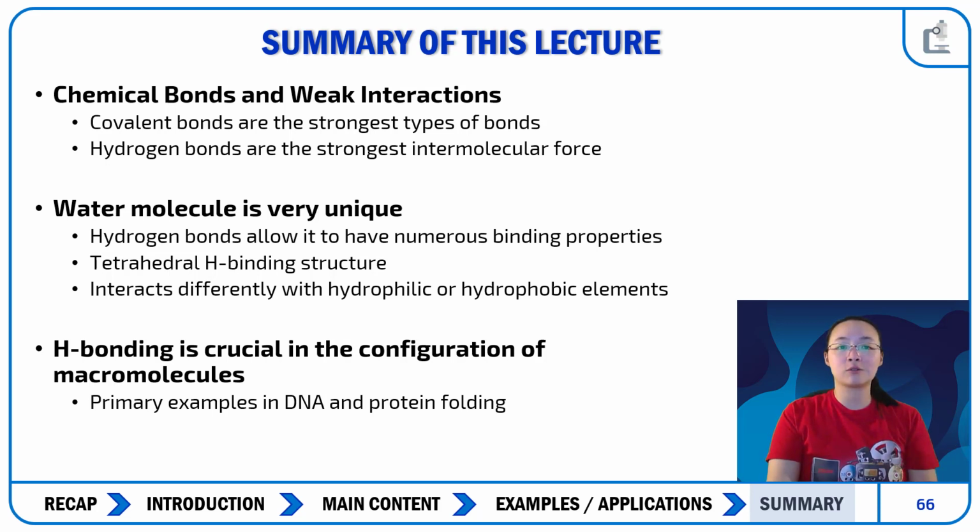So those are key things to remember. Next, we went through a few examples of where hydrogen bonding was crucial in the configuration of macromolecules. The primary examples are in DNA and protein folding, and we're going to spend entire chapters on those as well.